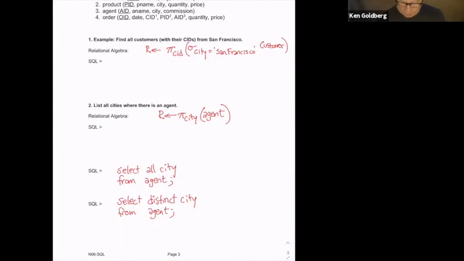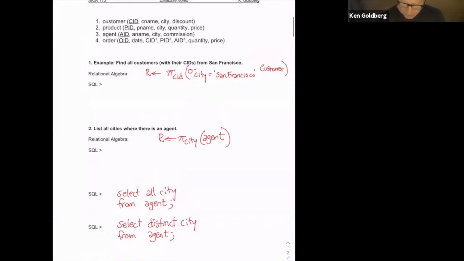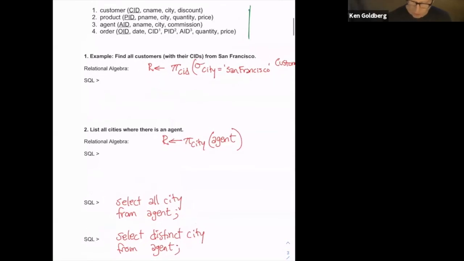We were talking about SQL, the language, and we're using this little mini database to go through examples. Just to refresh your mind: customer lists the name of the customer, the city the customer lives in, and the discount the customer receives.